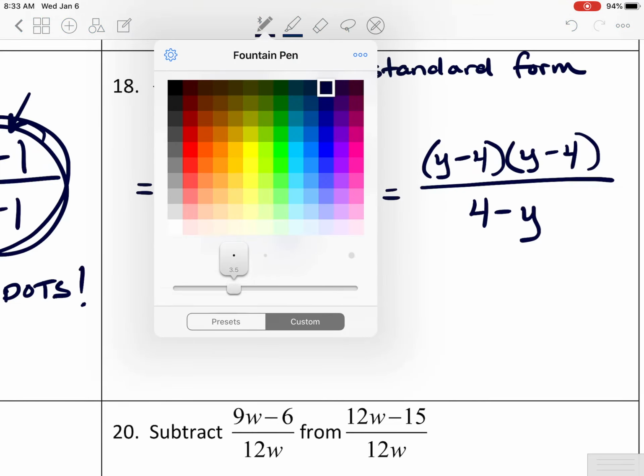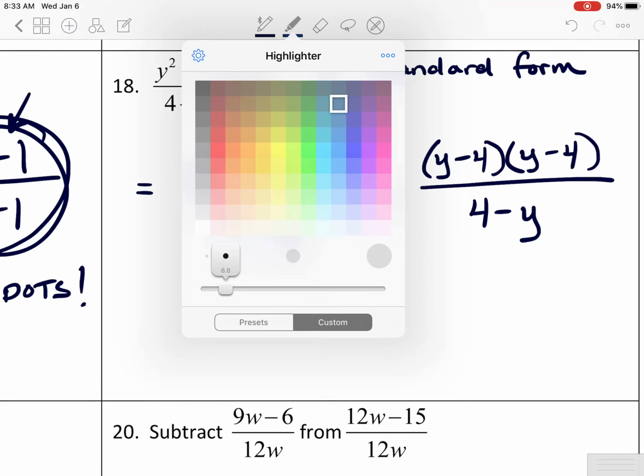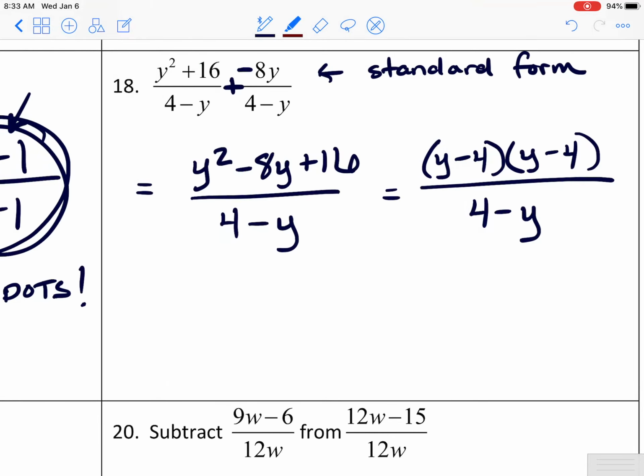Now, if anyone remembers, because of the way my 4's and my y's are written, I have opposites. So if I look at this one here and this here, they're opposites. So that is what's called your -1 rule. Hopefully you remember that. So this actually reduces to a -1.